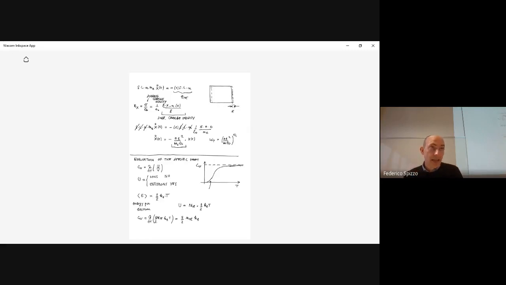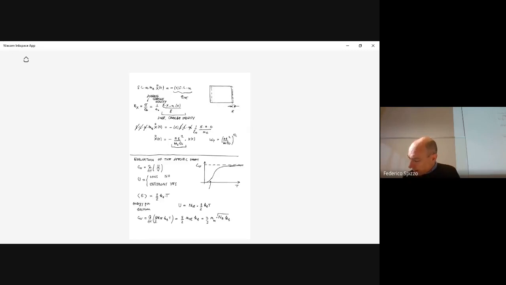And just to rewrite this expression in a way that is more familiar, we may write the electronic density as the product of the molar density, so the number of moles per unit volume, times the Avogadro number. So we may write that as 3 divided by 2 times the molar density, so moles of electron per unit volume, times the Avogadro number, times Kb.